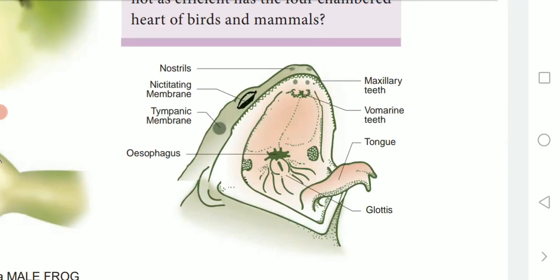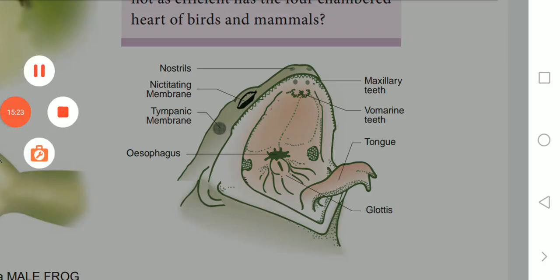Go through this today itself. If you have any doubt, you can contact me. Learn and practice this diagram in your classwork, and write all the organs present point-wise. Also draw this diagram, the buccal cavity of Rhinoxodactyla. Important, important, important. Okay, bye. Take care.